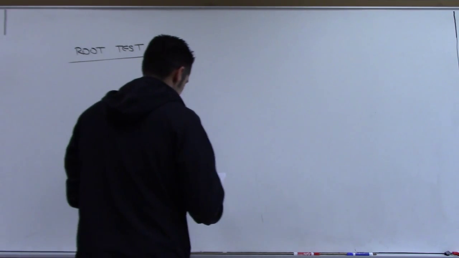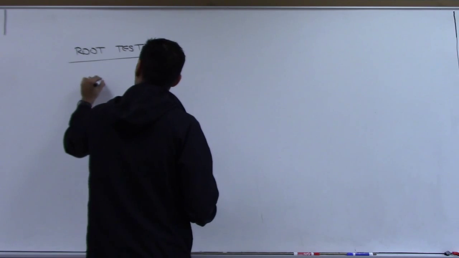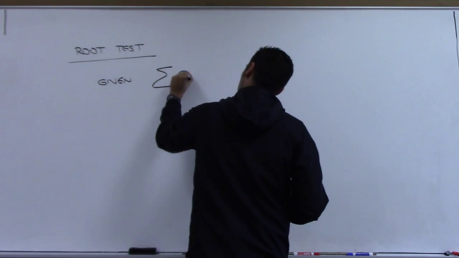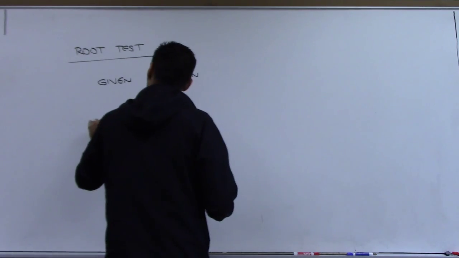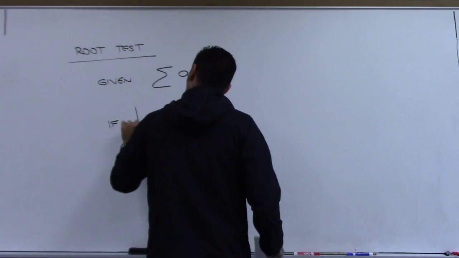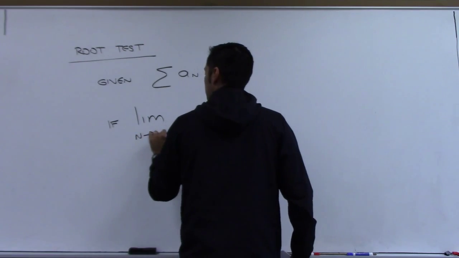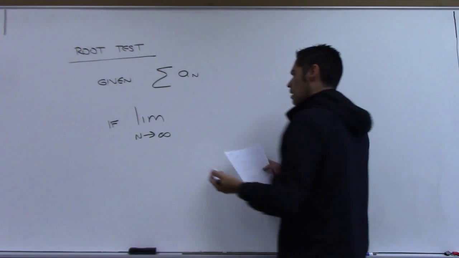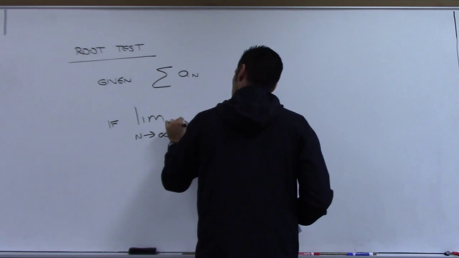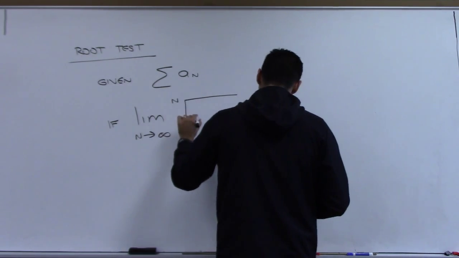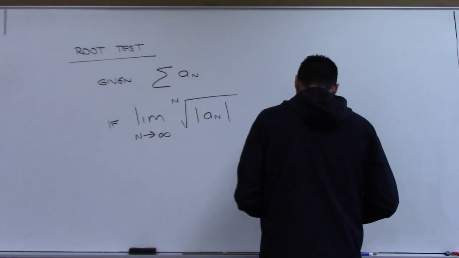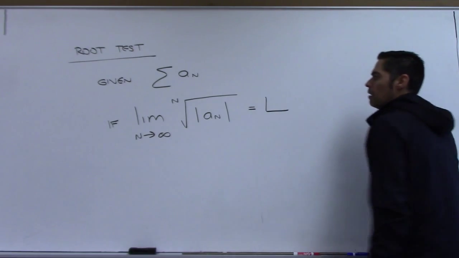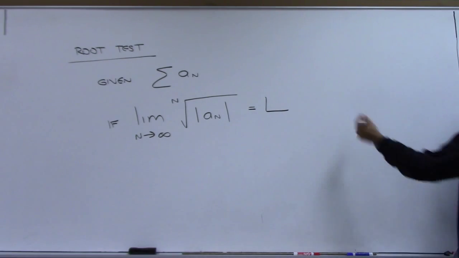Root test says that if you're given some series, then if the limit as n goes to infinity, so it's another one of these things where we're going to do a limit like we did with the ratio test, and we do the nth root of the absolute value of a sub n. If that equals L, all right, so we compute this thing, and it's the same conclusion.